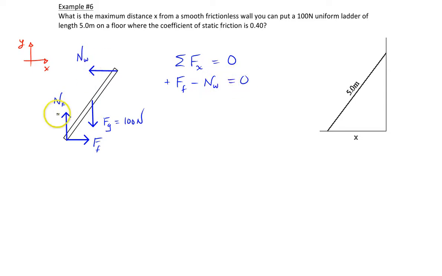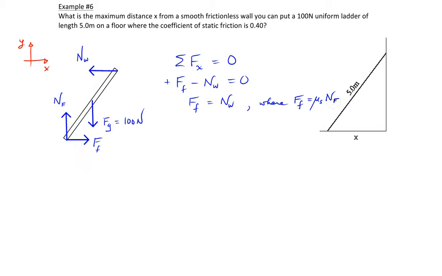So you can see, by the way, there's two normal forces, one from the wall, but also one from the floor. So the force of friction is equal to the normal force from the wall. And we don't know either one of these at this point. However, we do know that the force of friction is equal to the coefficient of static friction times the normal force. Which normal force do you think that is? That's the normal force from the floor, because the friction force is going to go along with this perpendicular normal force.